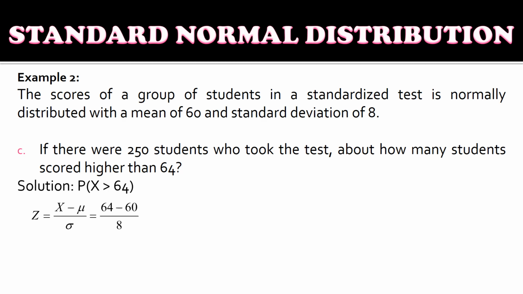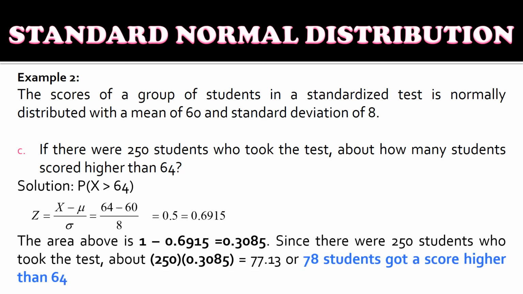To substitute, we have 64 minus 60 divided by 8. So we will have 0.5, and on the z-table, that is 0.6915. So the area above is 1 minus 0.6915, since we're looking for the above score, so we're subtracting that from 1.